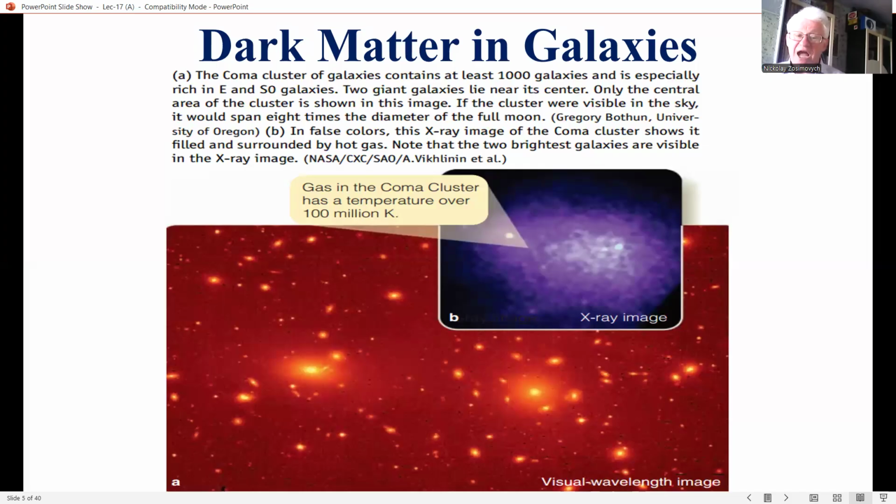Evidently, the gas is held in the cluster by a very strong gravitational field. To have enough gravity to hold such hot gas, the cluster must contain much more matter than is visible. The detectable galaxies in the Coma cluster, for instance, amount to only a small fraction of the total mass of the cluster. Let's look at this figure, please.